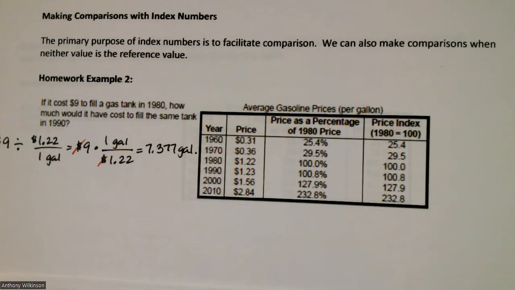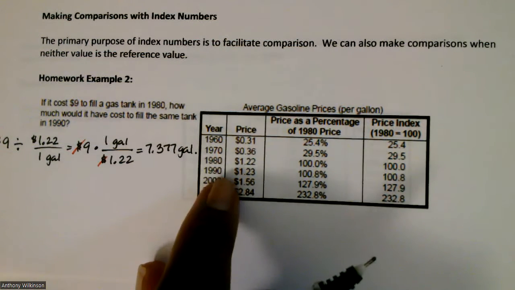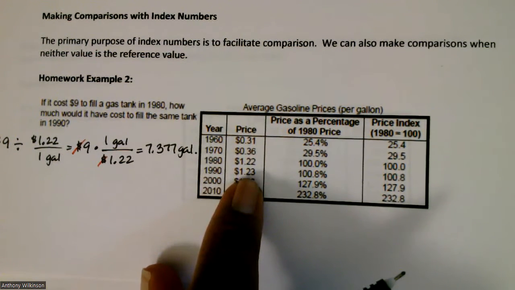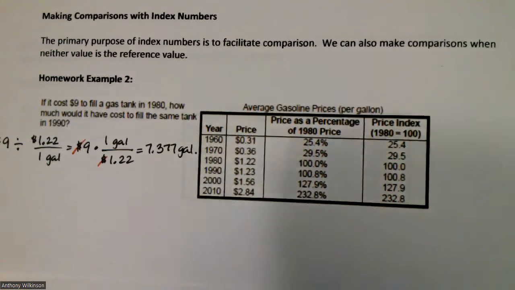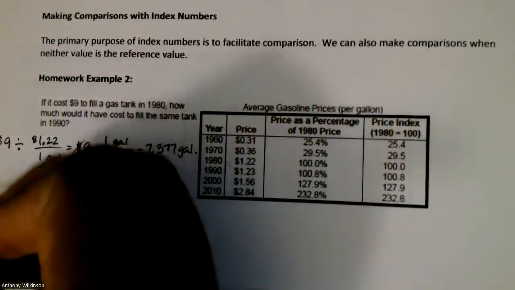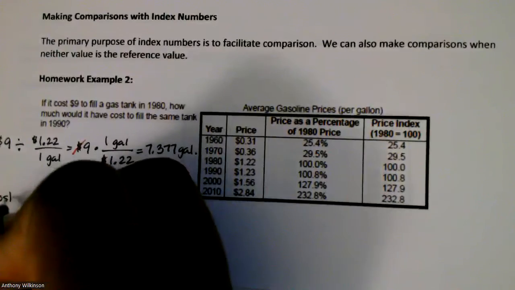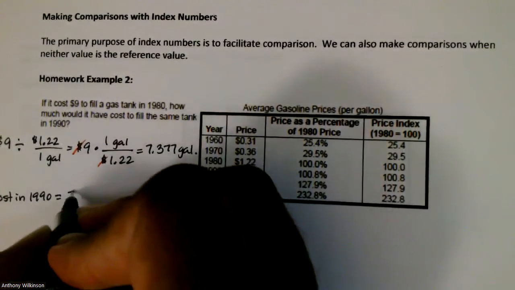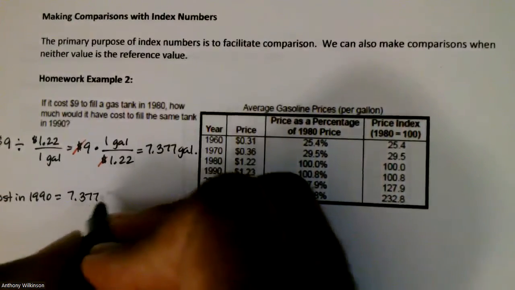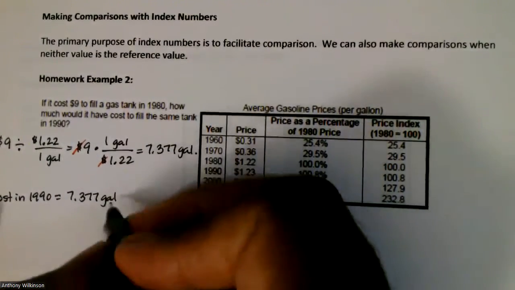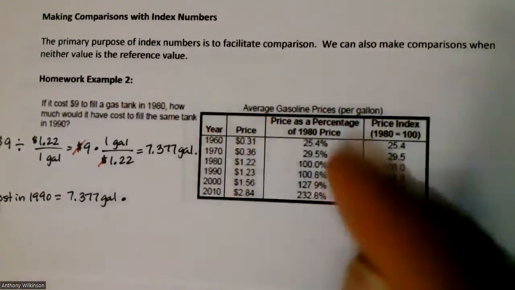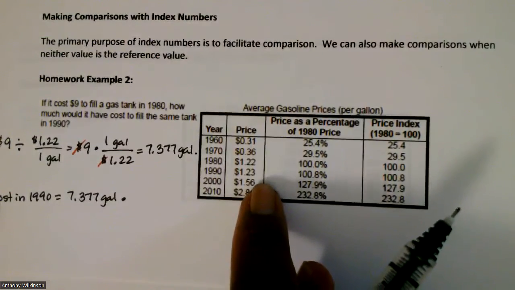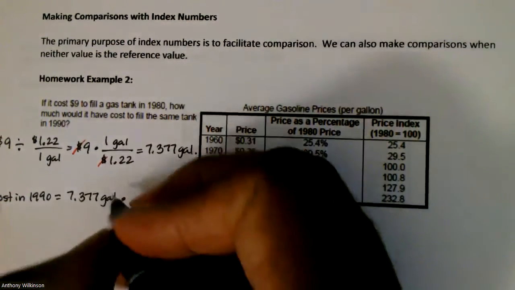Okay, so now, how much will it have cost to fill this same tank in 1990? Let's look at the cost in 1990, which was $1.23. So we got 7.377 gallons. I'm going to say the cost in 1990 is 7.377 gallons of gas times, in 1990, $1.23 per 1 gallon.